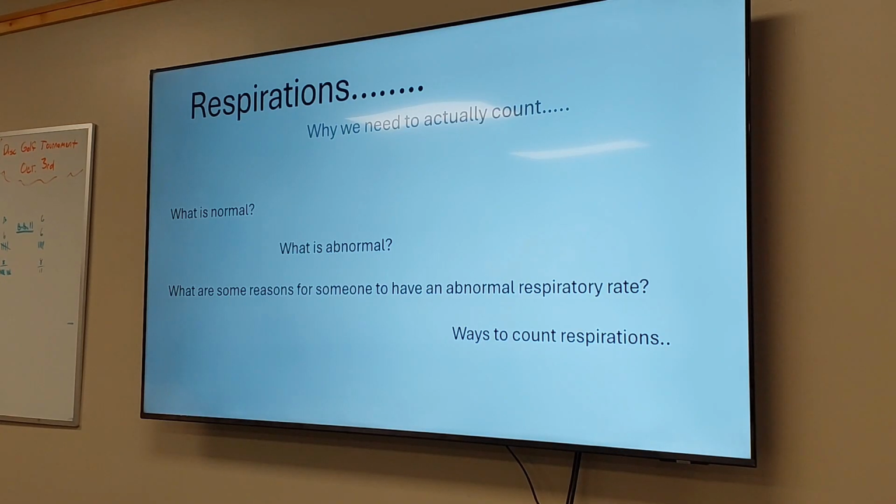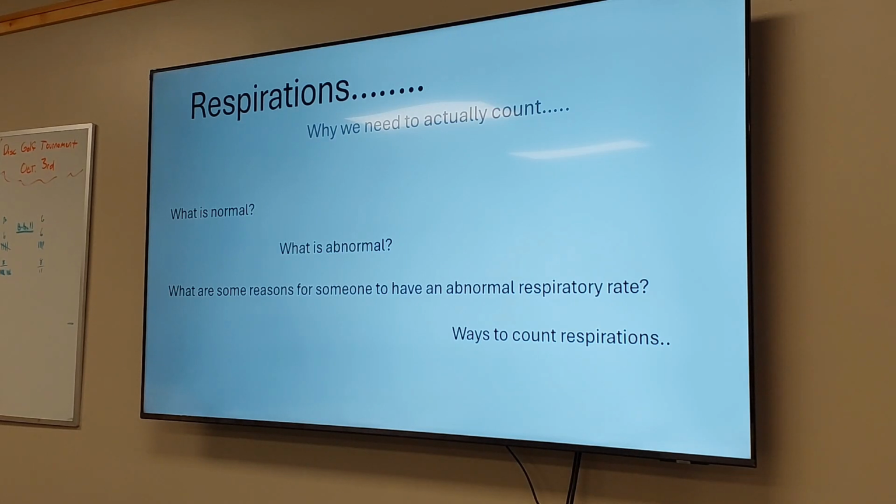Heart problems like heart failure, anxiety can cause increased respiratory rates. Stress, dehydration, there's about 500 million things that can cause it. Some medications can change your respiratory rate. Alcohol consumption, environmental factors like high altitude, bad air quality. It's important to monitor respiratory rates and actually count them, especially because when you know what normal looks like, you'll be more able to see what abnormal looks like.